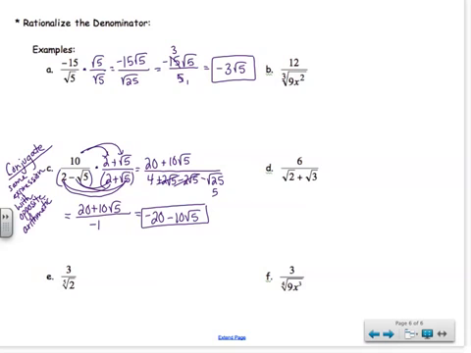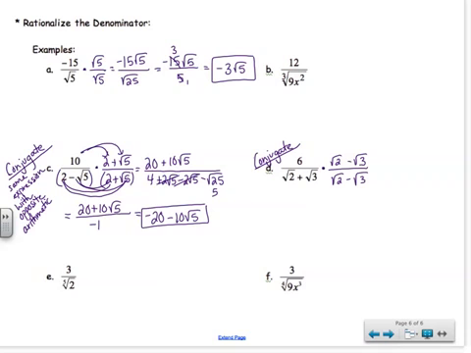Now, if you think you get the hang of this, try pausing the video and doing D. Otherwise, you can continue on with me. Again, with D, we have 2 terms in the denominator, so we have to multiply by that conjugate value again. So to multiply by the conjugate, I'm going to do root 2 minus root 3. With root 2, you're only changing that arithmetic sign.